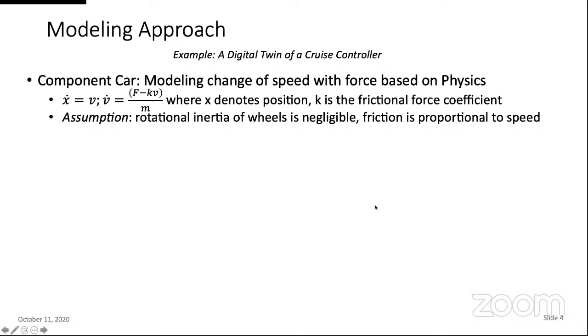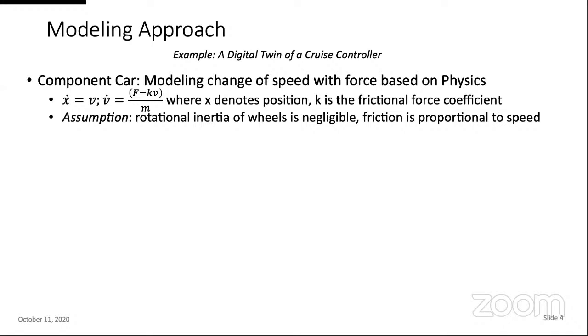For example, you want to model the car itself, and when you are modeling a car, you can model so many things. You can even model its interior and so on, but you are not interested in that. You are interested in only that part of the car which affects the cruise controller.